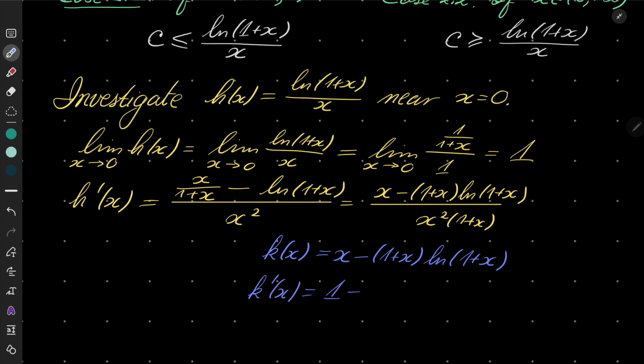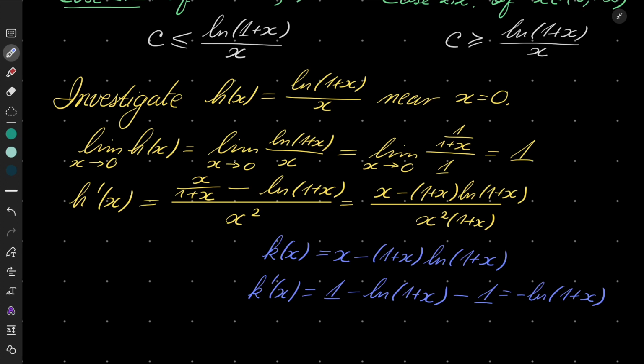I have 1 minus natural log of 1 plus x minus 1 after differentiation, after using product rule, and it is minus natural log of 1 plus x. Yes, it is.